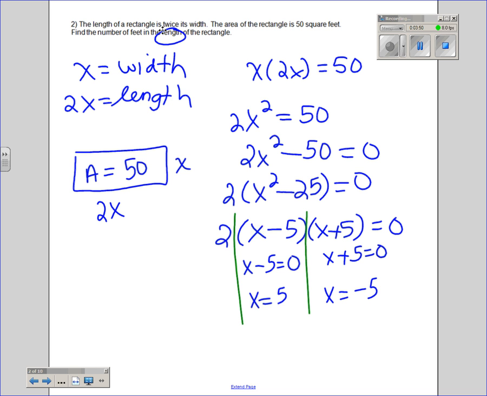Hopefully you realize negative 5 makes no sense. I can't have negative 5 feet being the measure of anything. So x is 5, but it asks for the length. So it wants 2 times 5, or 10. The length is 10 feet. It didn't want both. It just wanted the number of feet in the length.